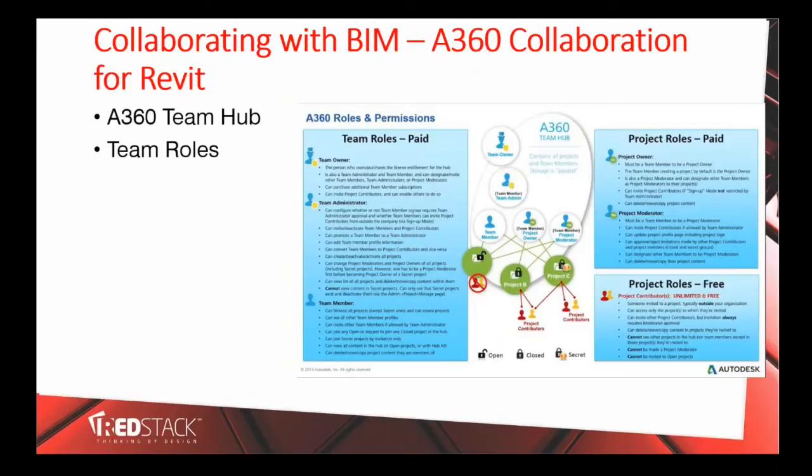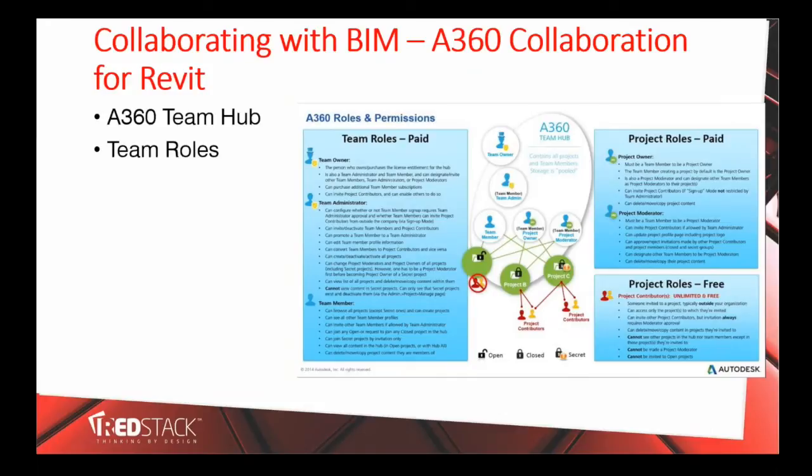Certainly a mouthful, I must say. So once the Team Hub has been created, the Team Hub associates people, projects, and then you have a series of roles and permissions that each member can be assigned.